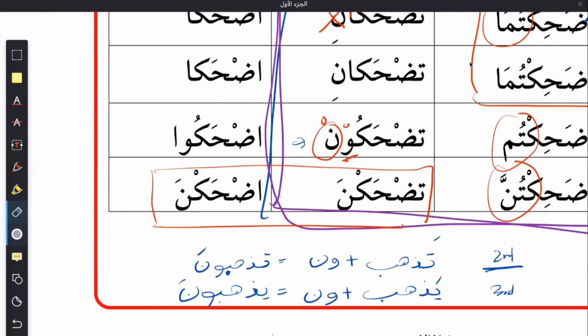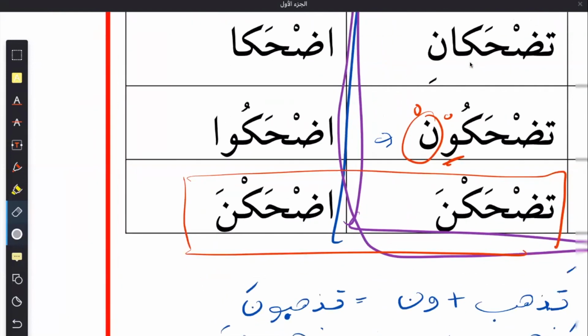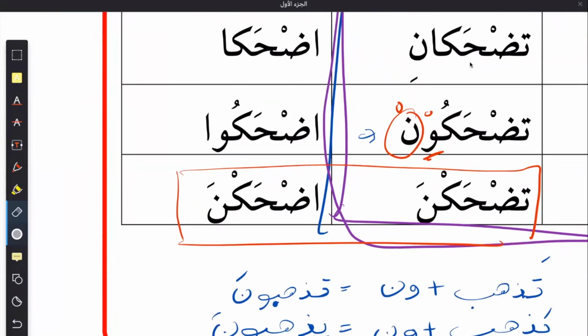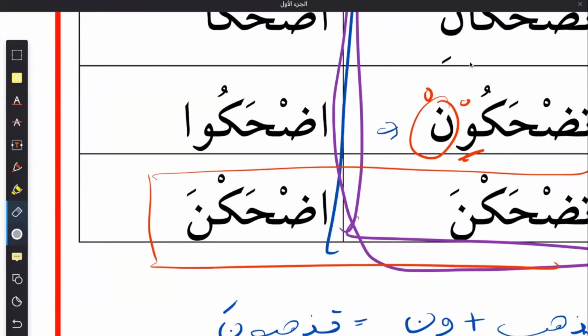Remember, we just talked about muslimuna, and nouns also remove the noon sometimes. So if both of them remove the noon, some words can be very confusing. So basically, just know that for the verbs, when you remove the noon, you have to put this alif. Make sense? This is the only thing that you have to know from here.